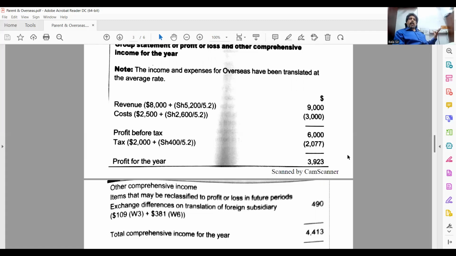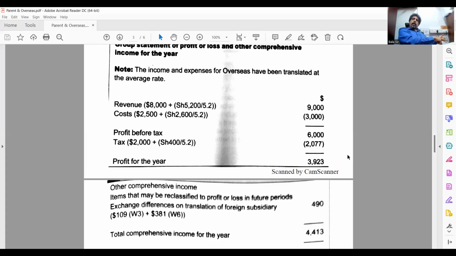$6,000. And then less your income tax. You take the parent's income tax as it is in dollars, and for the subsidiary, translate at 5.2, the average rate. And then the balance, you get $3,923 profit. But remember, this 3,923, you have to split between whom?